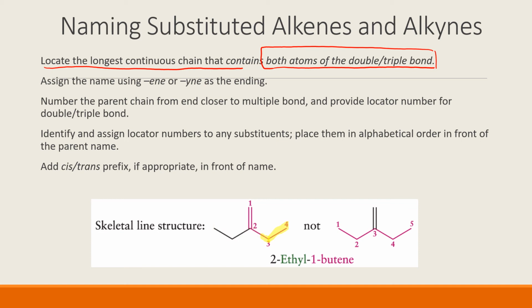The correct way is to select the longest chain with the double bond present within this parent chain. In doing so, it may not be the longest chain anymore, but this is the correct way. So we must find the longest chain which also contains the double or triple bond. So therefore this is correct, however this is incorrect.